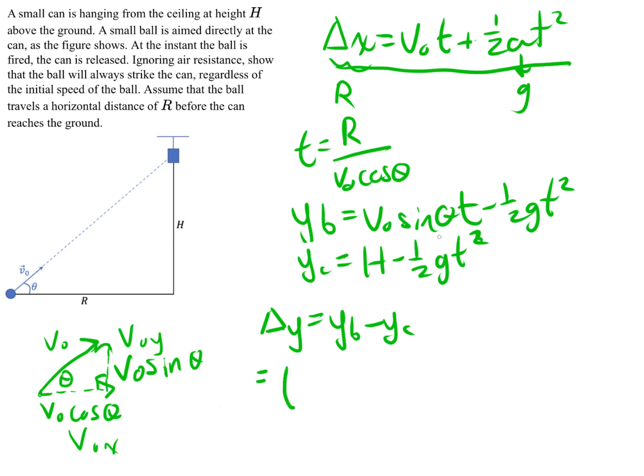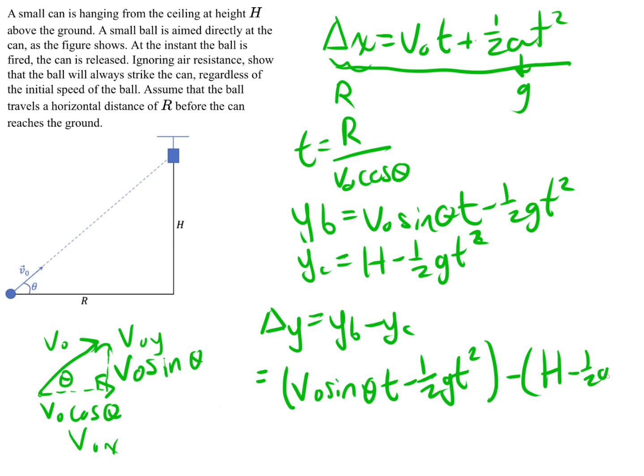And now all we need to do is substitute everything from these two functions. This is equal to initial velocity sine theta t. I'm not going to substitute t yet, and I'm going to show you why. Minus h minus 1/2 gt squared. Now if you look at these, you'll immediately notice that after distributing this negative, this will become positive, so these two 1/2 gt squared terms will cancel each other out.